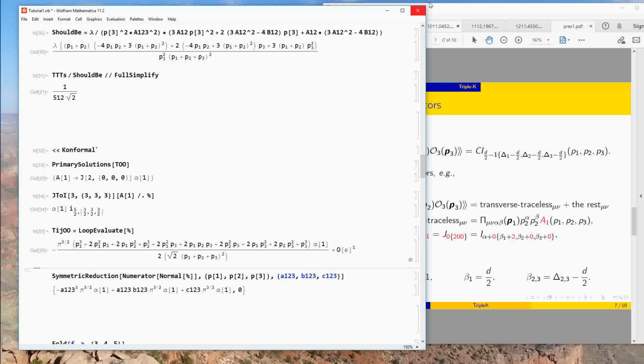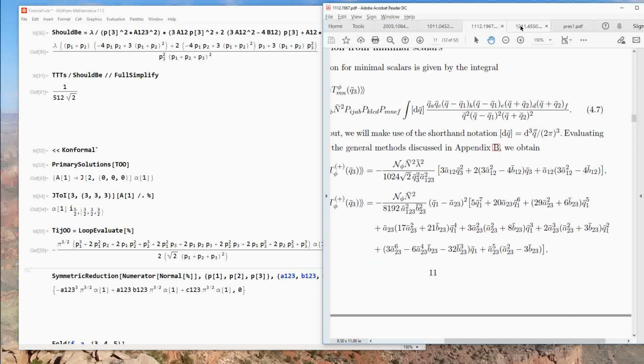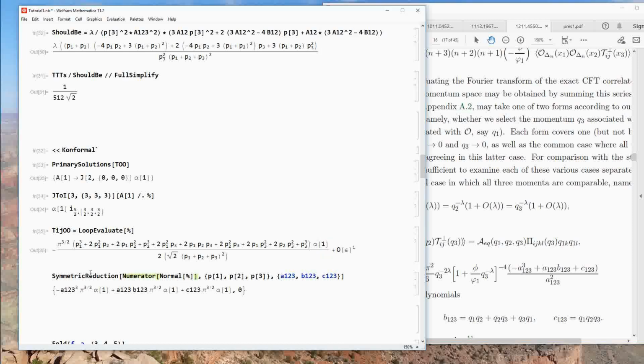And now this expression should match this expression. And this is indeed the case. These are symmetric polynomials in P1, P2, and P3. So when we do symmetric reduction, up to a constant, this expression is exactly this expression. And of course, the denominator also matches. So good.